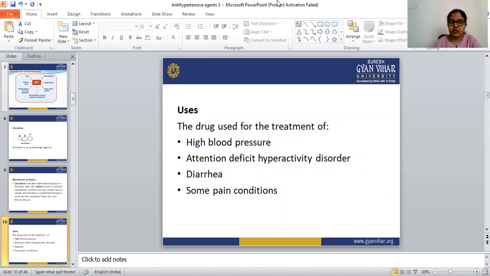Clonidine is an alpha-2 adrenergic agonist, and its mechanism of action is that it stimulates the alpha adrenoreceptors in the brainstem, and that action results in a decrease in the heart rate and the blood pressure. So this is all about the clonidine, which is used in the treatment of high blood pressure, hyperactivity disorder, diarrhea, and some pain conditions.